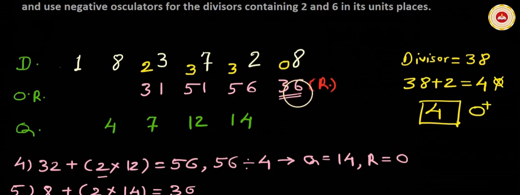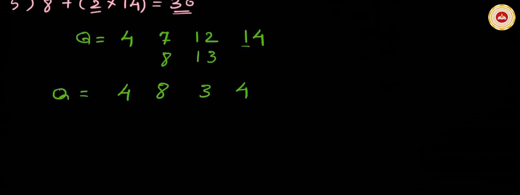I will repeat: if the number is divisible, then you find the quotient here, and if it is not divisible, then the last osculation result is considered to be the remainder. So 36 is the remainder. Correct?